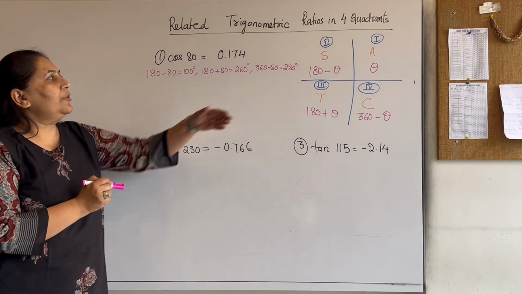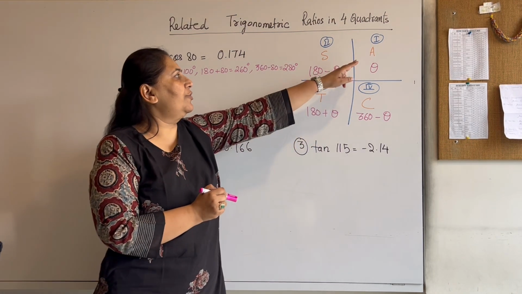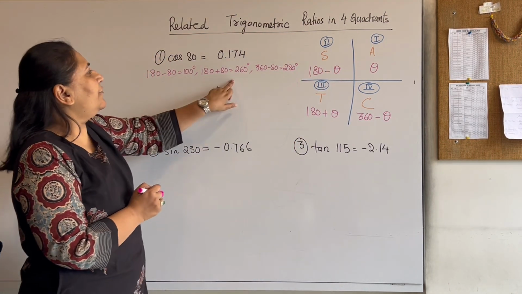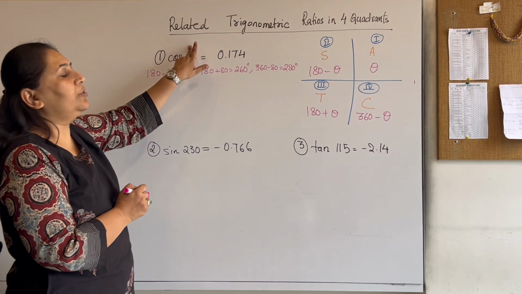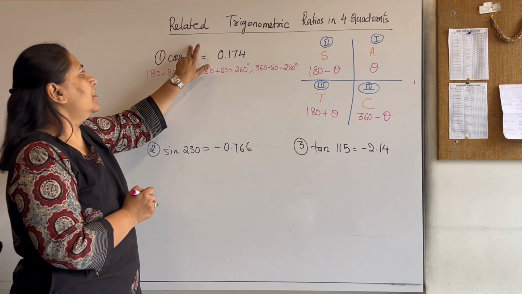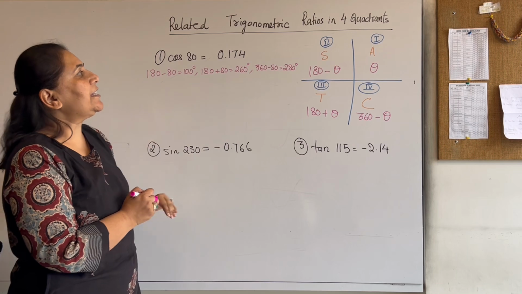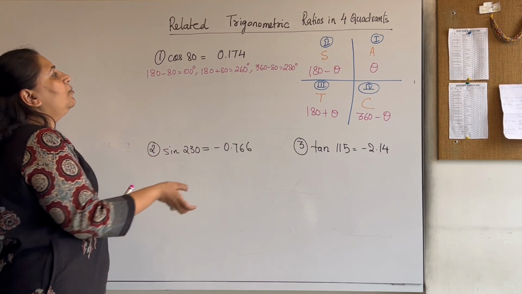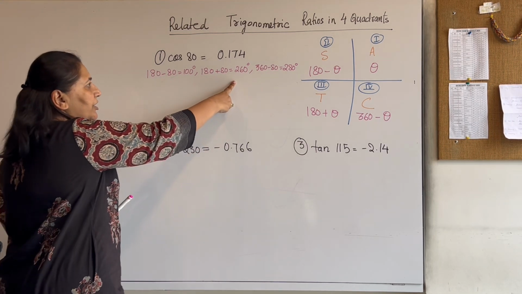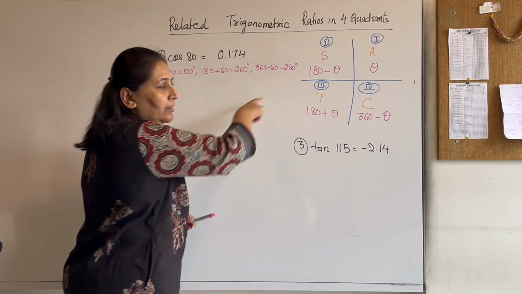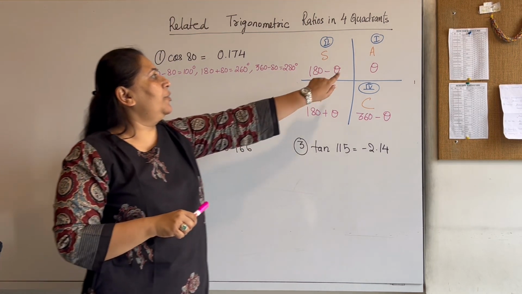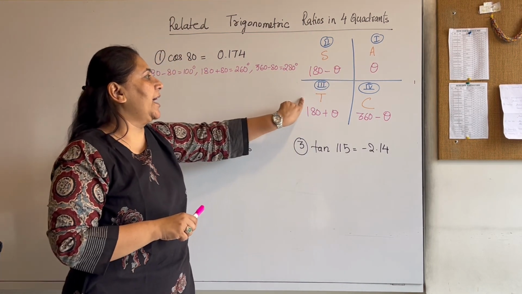We were able to use the four quadrants to get three different angles that are related to the angle which is given in the question. The second step is to write the value of cos 100, cos 260 and cos 280. For that we will use the mnemonic all students take Cambridge.